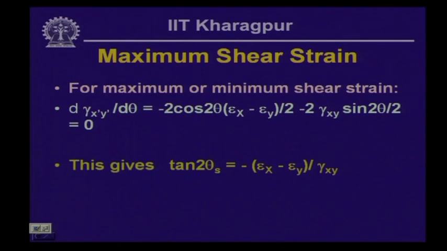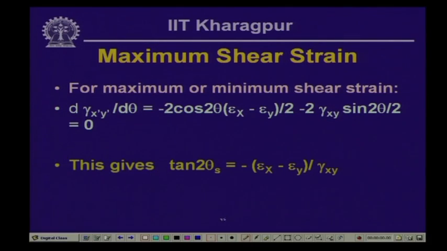As you have seen, the shearing strain at any orientation at an angle of theta with reference to the x axis, which is our x dash, gamma x dash y dash in that direction, is (epsilon x minus epsilon y) by 2 cos 2 theta plus gamma x y by 2 sin 2 theta plus gamma x y by 2 cos 2 theta.